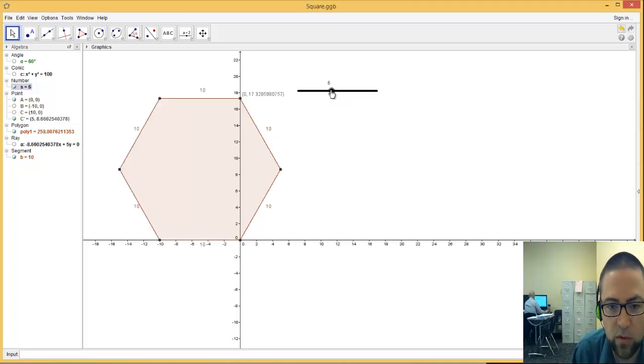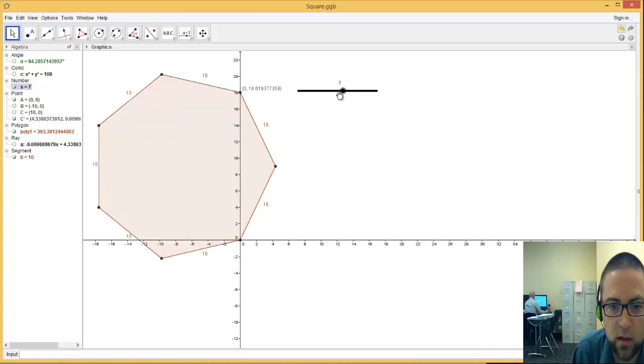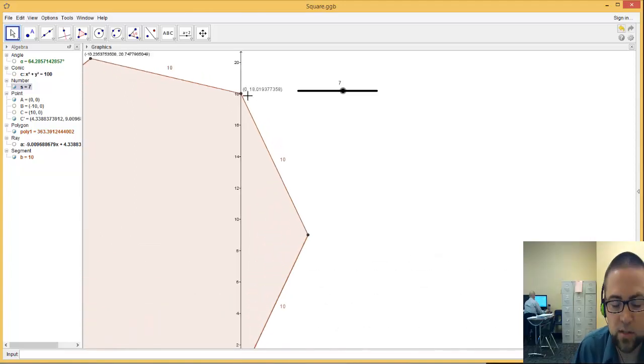It's 17.32, and then I tricked you. I said that 7 was 18, but it's not exactly 18. It's 18.019. So as soon as you go outside of counting numerically and you go into geometry, you end up with numbers that do not have any kind of repeatable pattern.